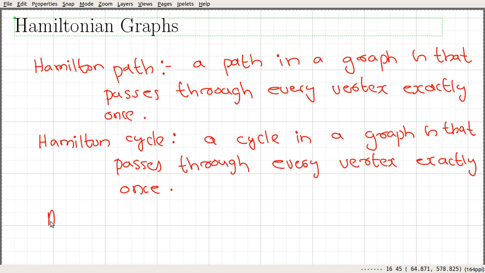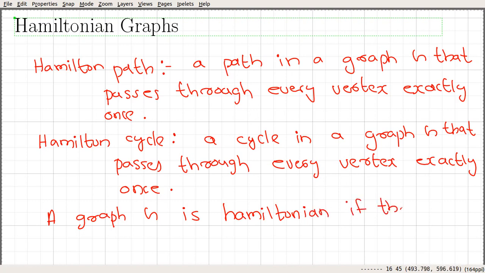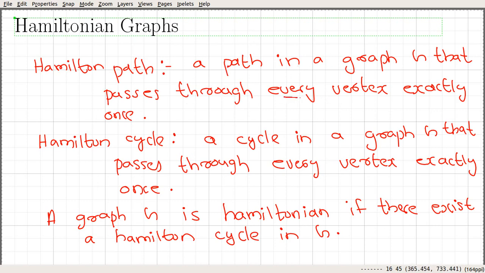So a graph G is called Hamiltonian if there exists a Hamilton cycle in G. Okay, so a Hamilton path is a path in a graph that passes through every vertex exactly once.